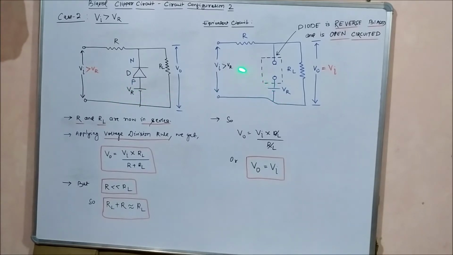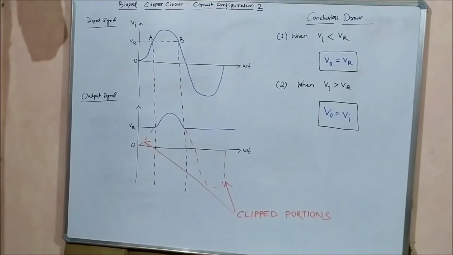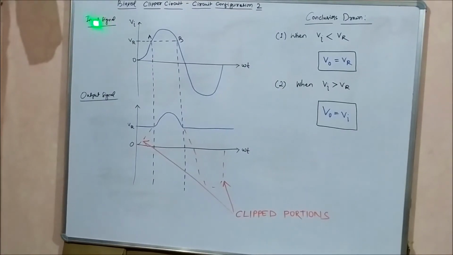Now let us see the relationship between the input and output signal waveforms. We will study the input and output signal waveforms of the bias clipper circuit configuration 2, which we just discussed.